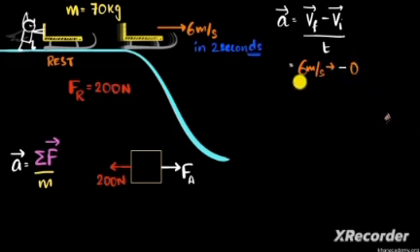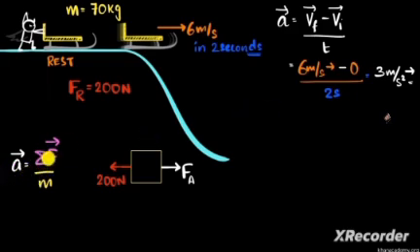It's at rest, so there is no initial velocity. Divided by time, which is 2 seconds. That gives us 6 by 2, which is 3 meters per second squared to the right. So I know my acceleration has to be to the right, which is good news. We want the sledge to move to the right, so that makes sense. So we're on the right track over here.